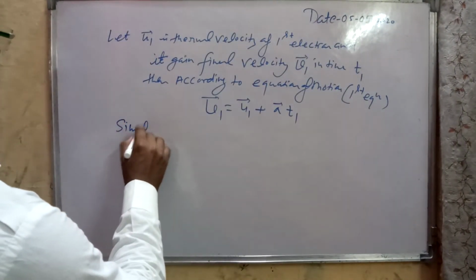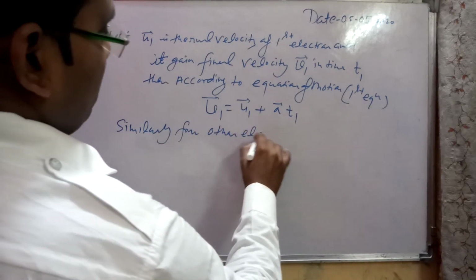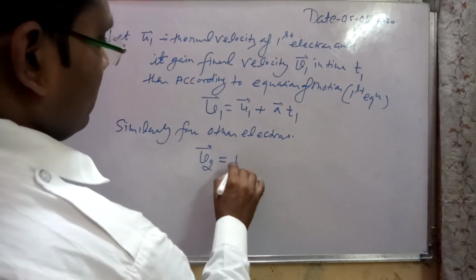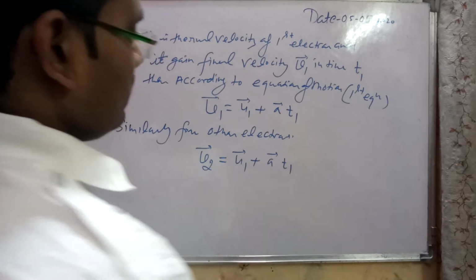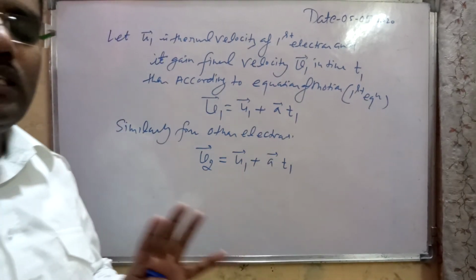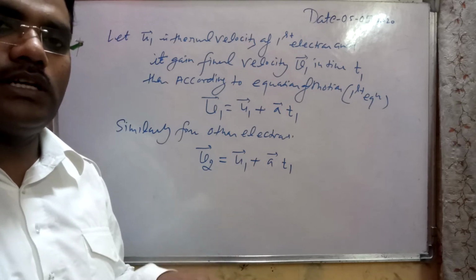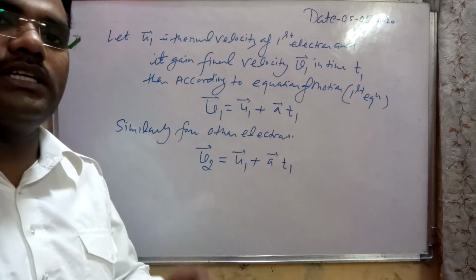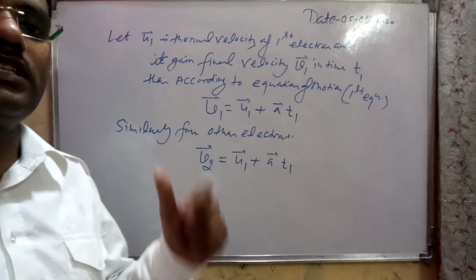final velocity of the second electron is initial velocity of the second electron plus a t2. The acceleration for each electron is the same because the mass of each electron is the same, and the electrostatic force experienced by each electron is the same because the charge on each electron is the same.